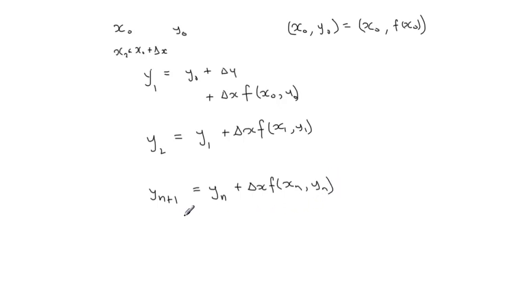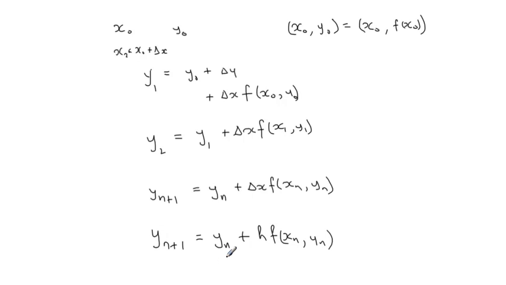In other words, you use the previous value of y to find the next value. So when you continue this process, you obtain a formula which we write this way: y(n+1) equals yn plus h f of xn comma yn.